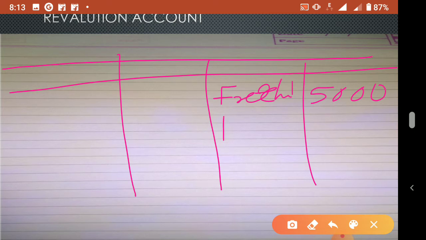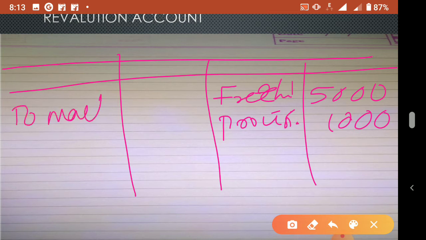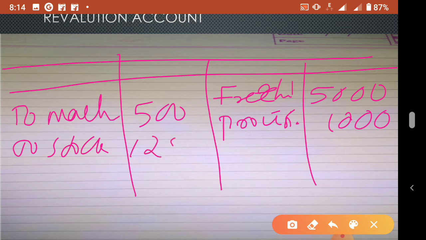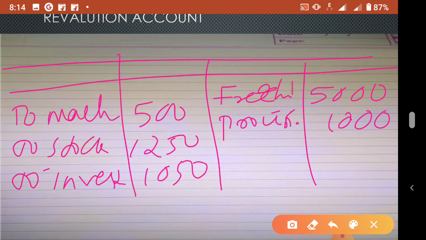Then provision for doubtful debts, liability decreasing, that also on the same side, 1,000. We already passed these two items in the journal entry. Then on the debit side, to machinery, 500. Then to stock, 1,250. Then to investment, 1,050. Okay. So these are the items in the revaluation account according to this question.